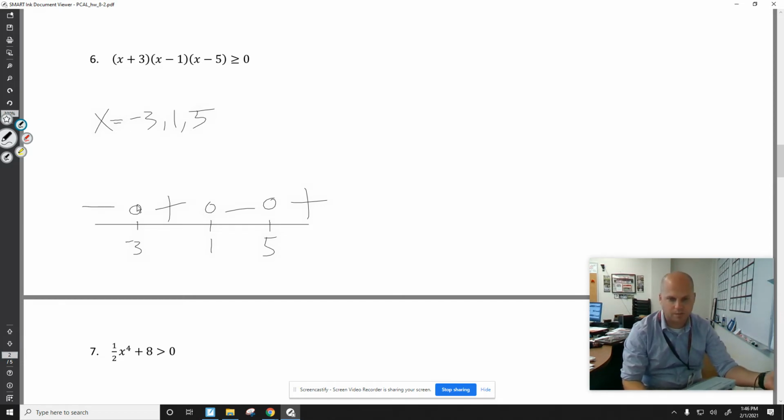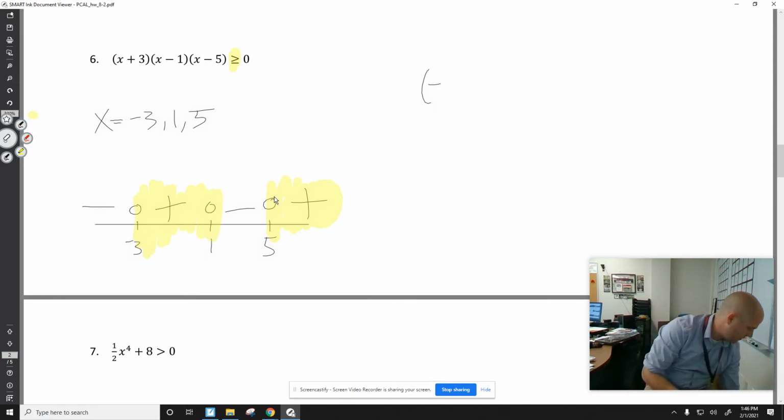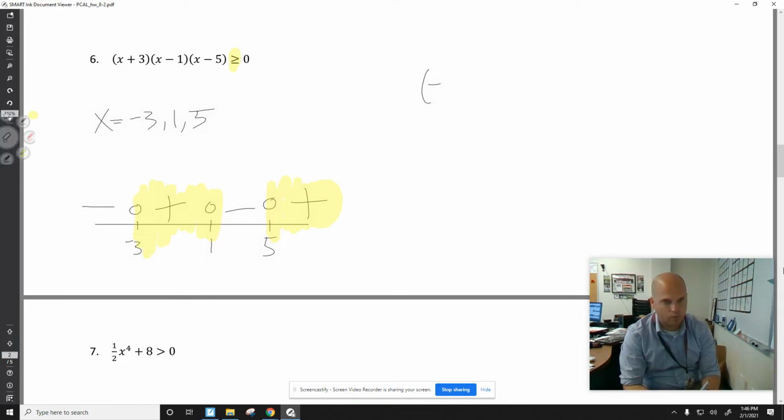If you did any other test point, it would confirm that. Greater than or equal to 0, so including the 0, greater than means positive, so we got from negative 3 to 1, including.